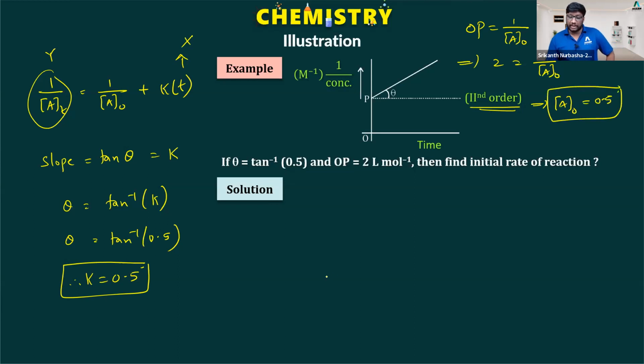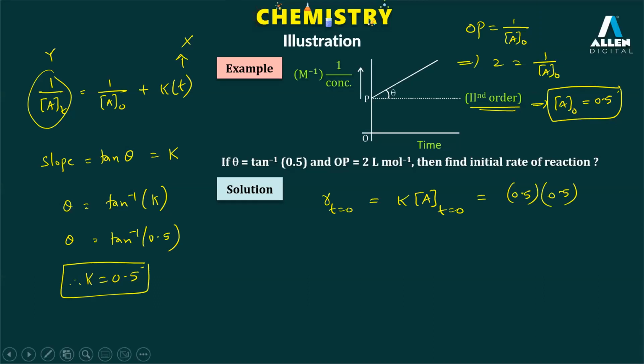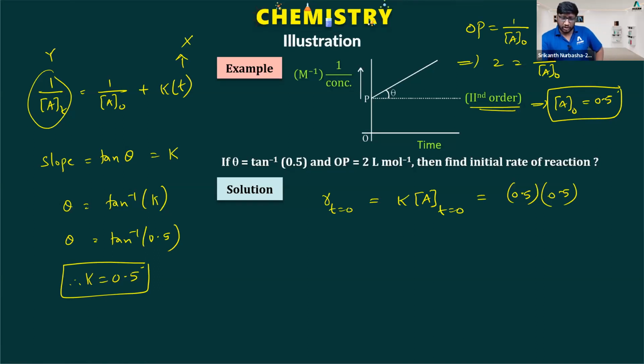What are they asking us to calculate? Find the initial rate of reaction. Rate of the reaction at time t equal to 0 is k into concentration of reactant at time t equal to 0. What is the value of k? 0.5 into the concentration of A at time t equal to 0, which is 0.5. So what is it now? 0.25? Sure? 0.25 or 0.025?